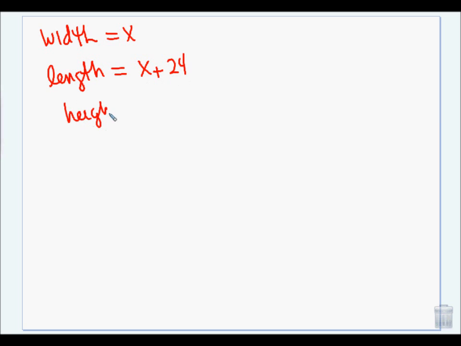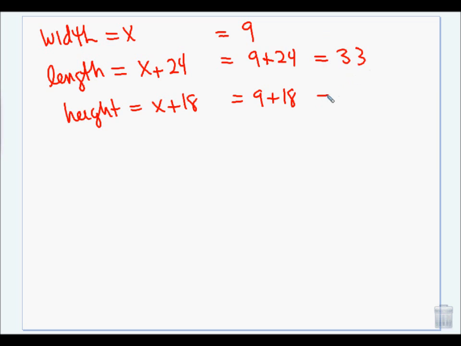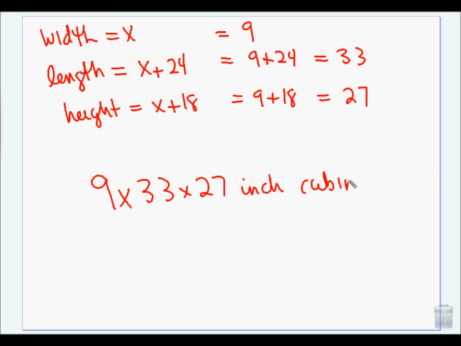And the height was x plus 18. So that's 9, 9 plus 24, and 9 plus 18. So this is 33, and this is 27. So it's a 9 by 33 by 27 inch cabinet.